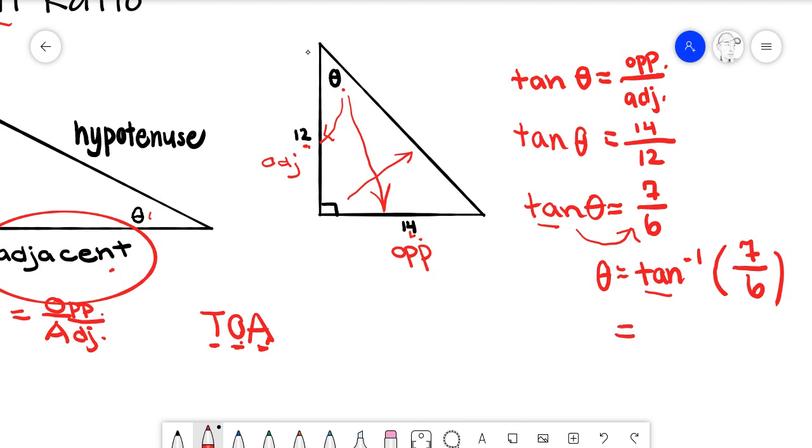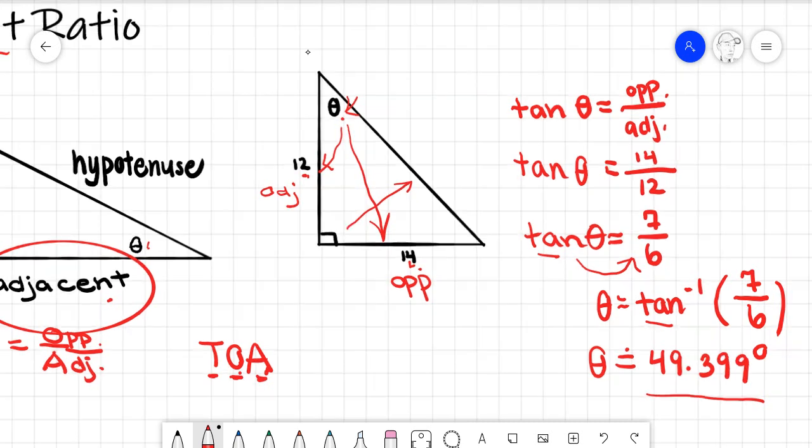That should give you approximately 49.399 degrees, and that is how you found this angle of interest. On your calculator, make sure it is in the right mode, or else you might not get the right answers. So it should be in degree mode.